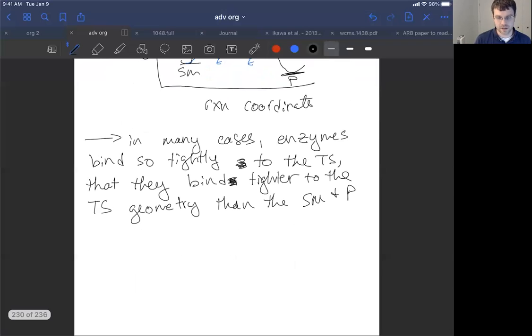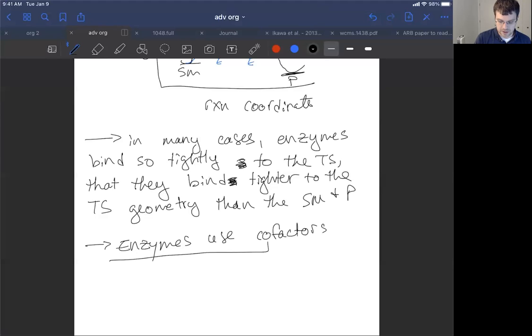Now, what we kind of started the lecture with was talking about PLP, and that's an example of a cofactor. So enzymes use cofactors, which are small molecules and metal ions. I think I've mentioned those a few times.